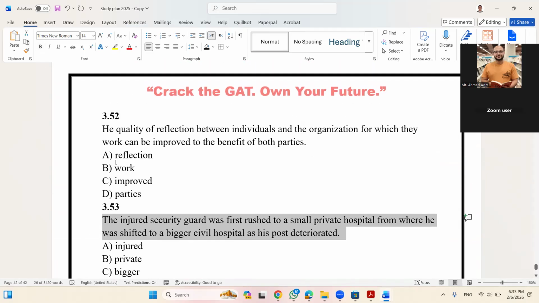The quality of reflection between individuals and the organization for which they work can be improved to the benefit of both parties.